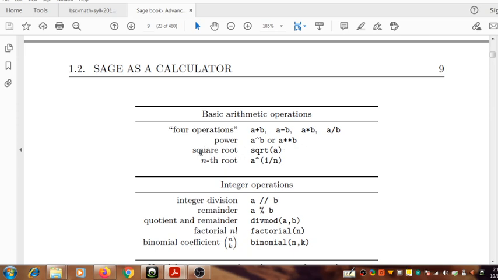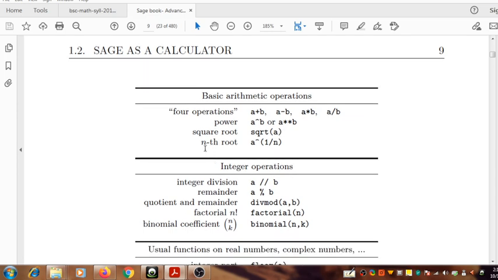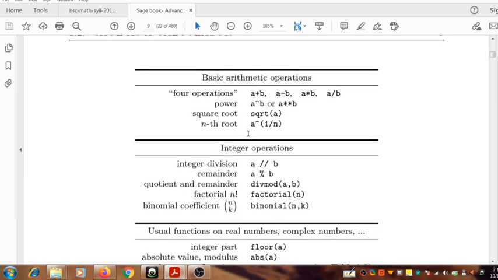For obtaining the square root of a number, you write sqrt of a, where a is the number. If you want the nth root, the nth root of the number a can be obtained by writing a cap, then in brackets 1 by n, that is a to the power of 1 by n.